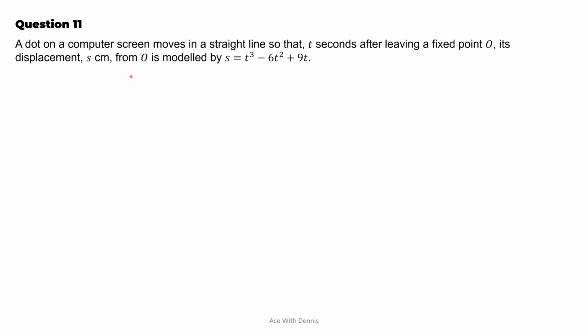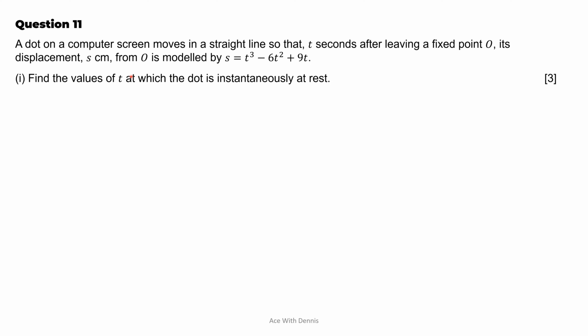Question 11. A dot on the computer screen moves in a straight line so that t seconds after leaving a fixed point O, its displacement s cm from O is modeled by s equals t cubed minus 6t squared plus 9t. 1.